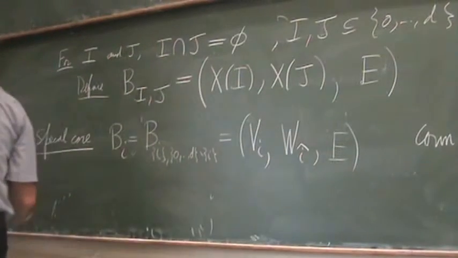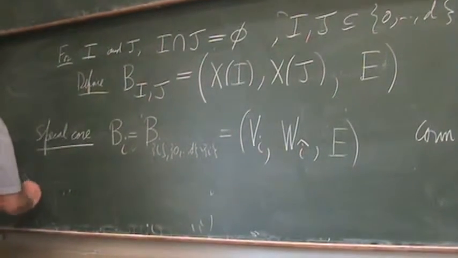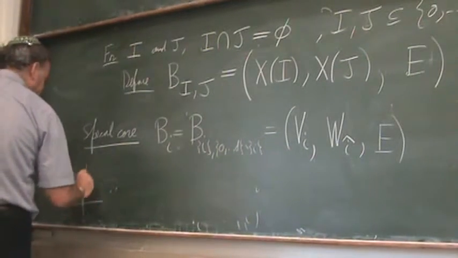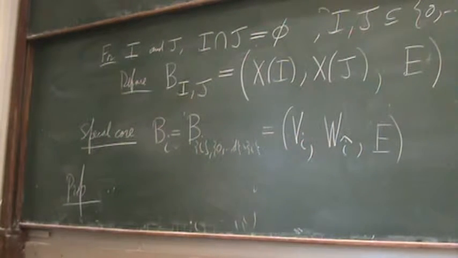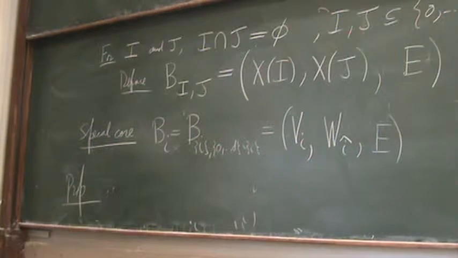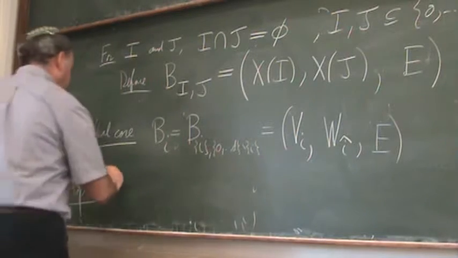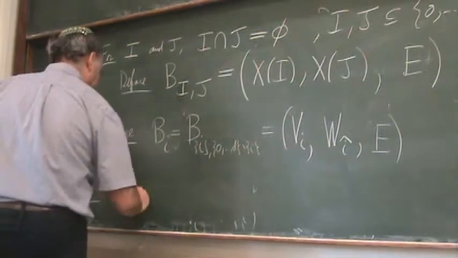And now I'm ready to write the proposition, which is very important for us to evaluate the discrepancy of the X. So X tau as before.